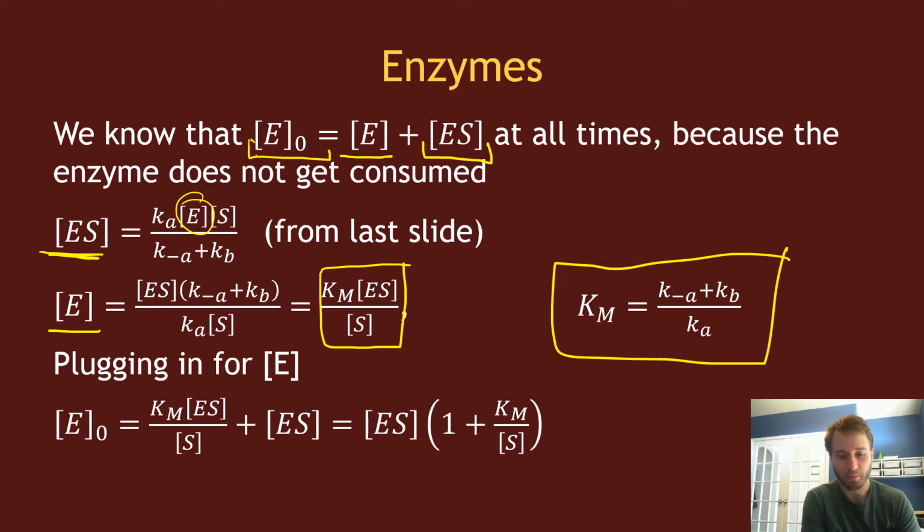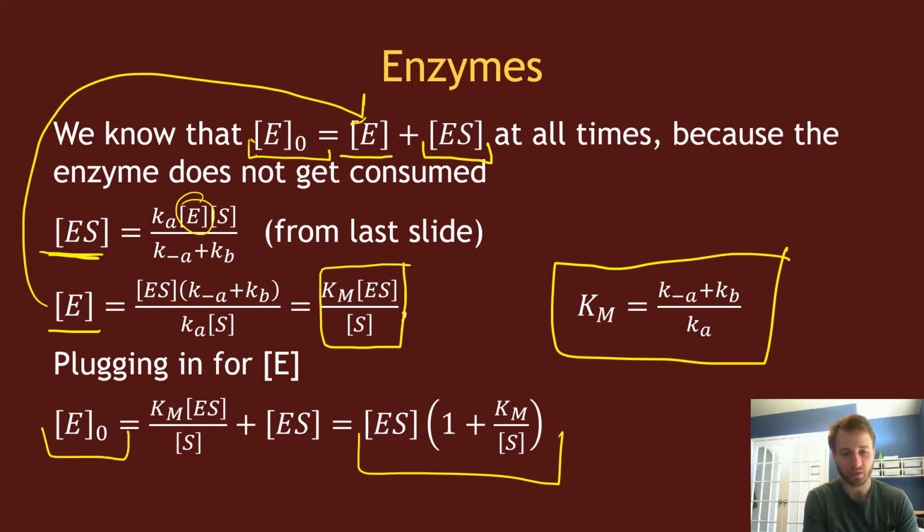Okay, we plug that in for E, so we plug this into this expression up here. Pull out the enzyme substrate, and then we have enzyme substrate times 1 plus Km divided by S is equal to the concentration of the initial enzyme.